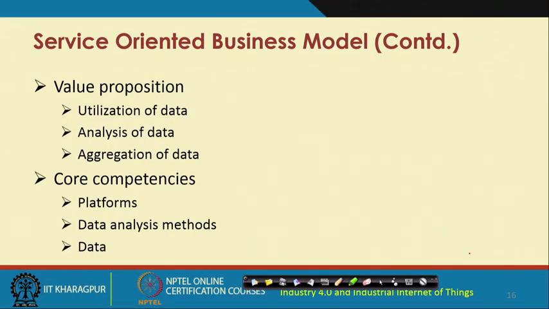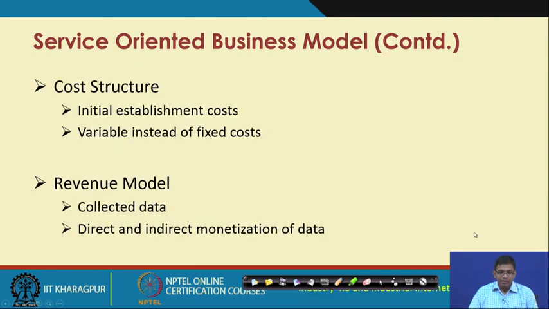In terms of the value proposition, the utilization of the data, the analysis of the data, the aggregation of the data, these are important, and also the core competencies such as the platforms, the data that is generated by itself, and the methods that are used to analyze the data that is generated. All these are important aspects of core competencies in this kind of business model.